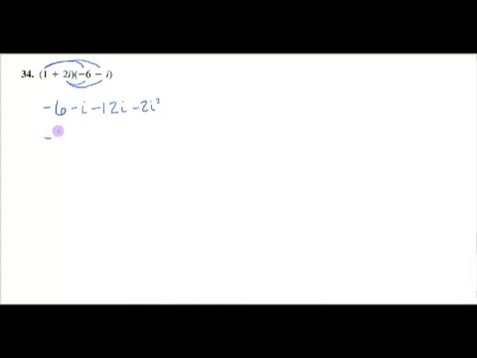So this gives me a negative 6, a negative 13i, and a negative 2 times negative 1. So negative 6 minus 13i plus 2 gives me, in a plus bi form, negative 4 minus 13i.